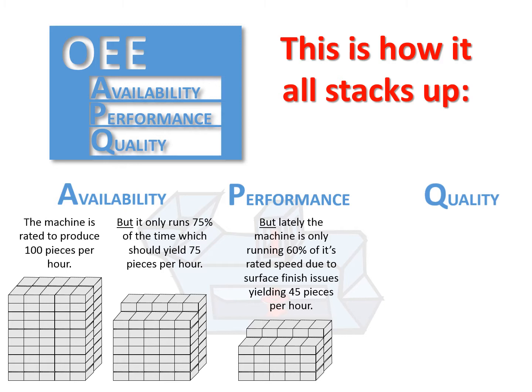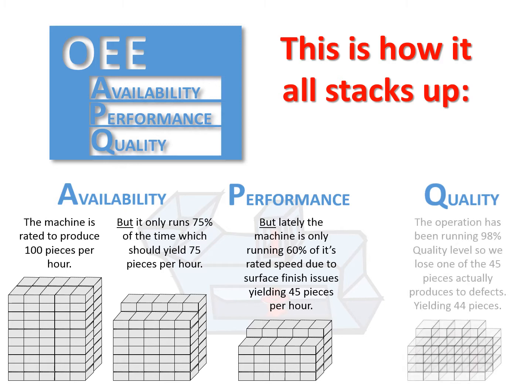And finally, of the 45 pieces an hour we ended up with, at a 98% quality rate, we had to throw one of the pieces away due to defect. That left us with 44. The OEE calculation associated with the scenario is pretty simple.